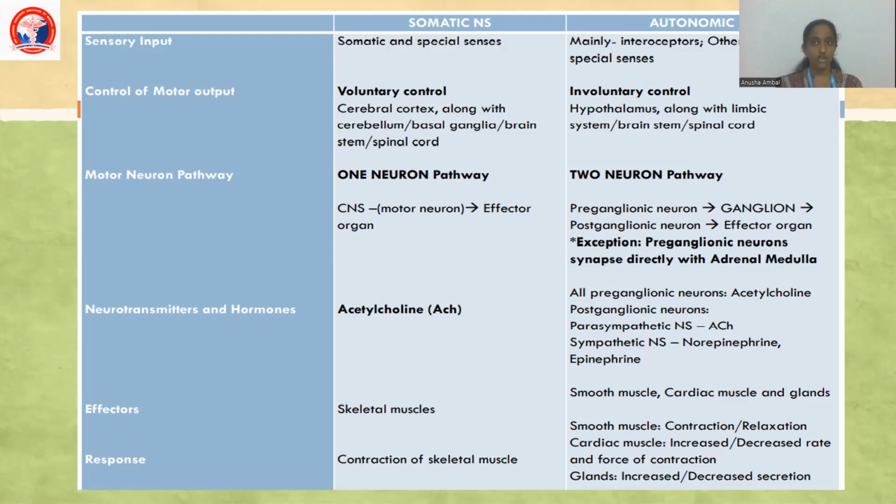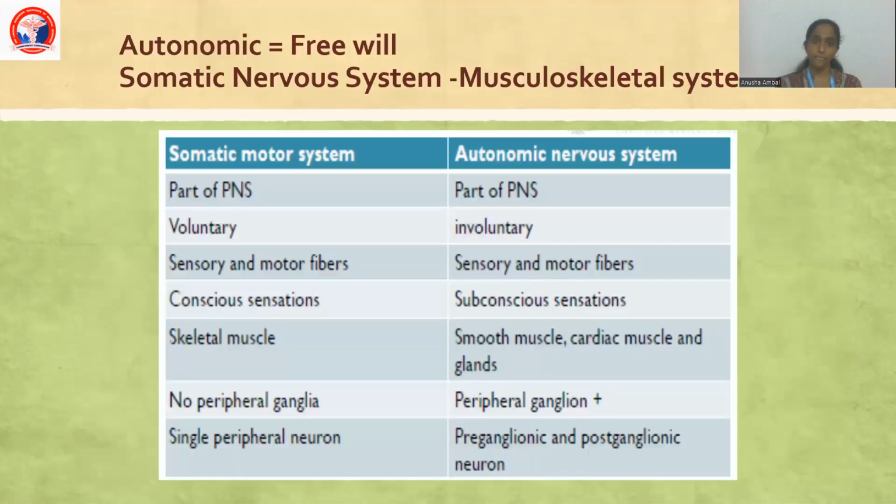So the response in autonomic varies depending upon whether it's sympathetic or parasympathetic, and upon which receptor it acts. So there is a wide variety of actions that the autonomic nervous system displays.